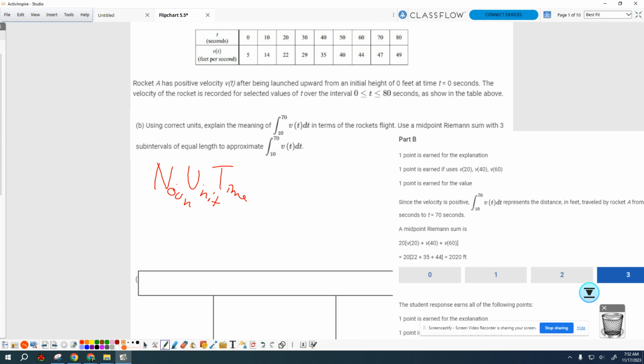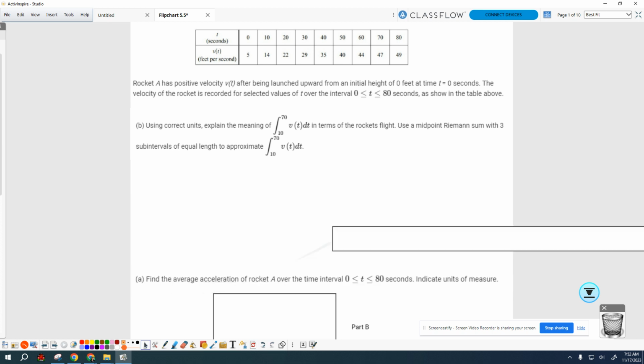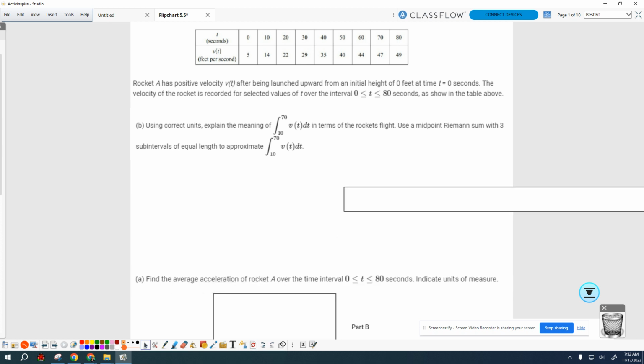So is it displacement, which is integration, or is it just total distance? That's a little, we'll get there. We're not there yet. Okay, so I just wanted to show you how AP asks this and what it's going to look like. And it's here, so I will ask this also.